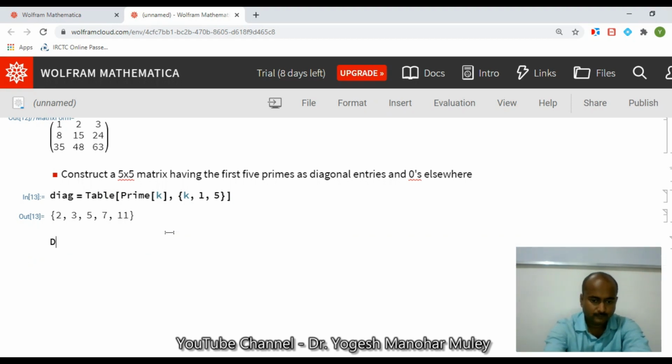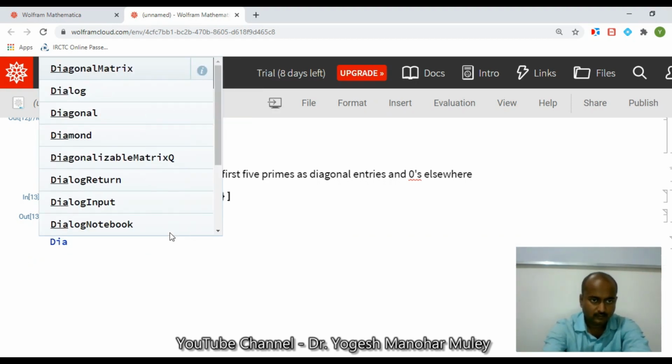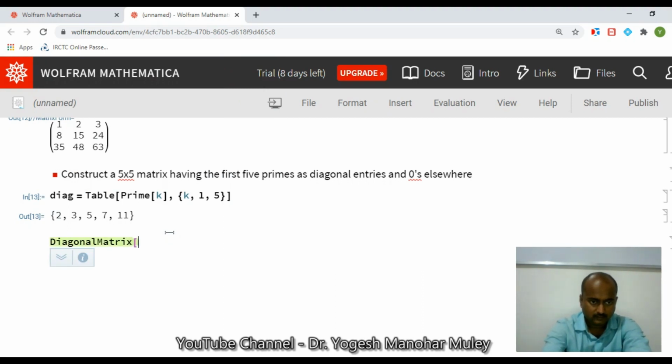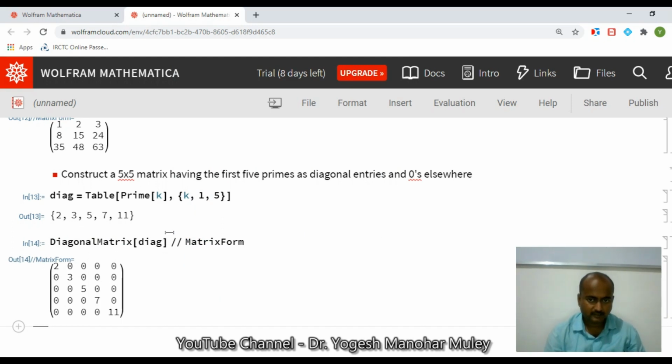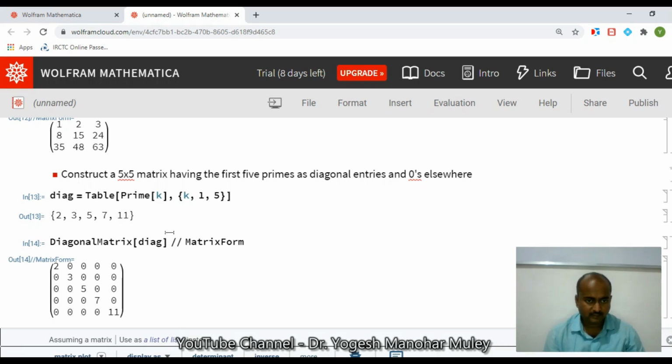So with the help of DiagonalMatrix, now we have diagonal numbers in the diagonal variable. So we'll put here the diagonal variable and close this, and all these things we have in the form of a matrix. So this will give a diagonal matrix with all diagonal entries being the first 5 prime numbers, and all other entries are 0.